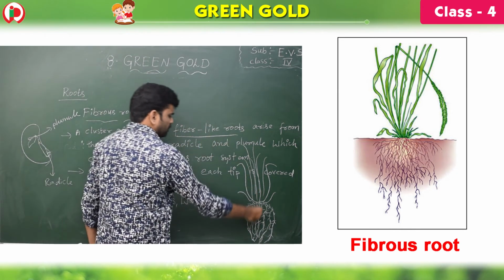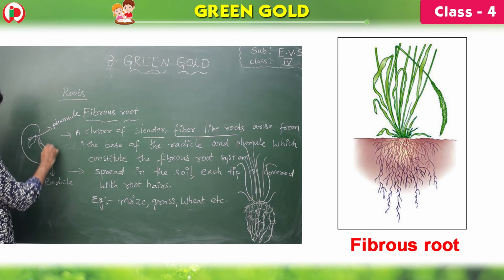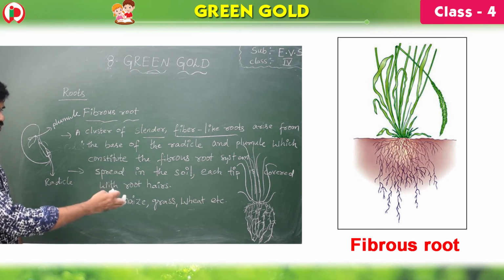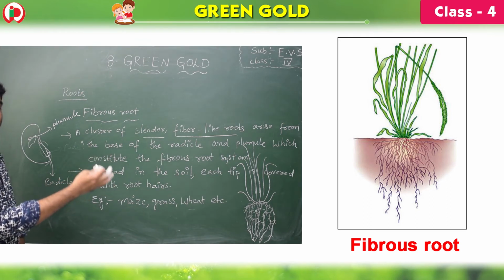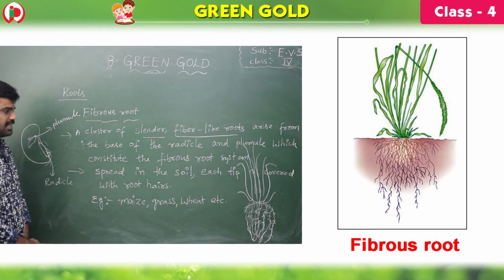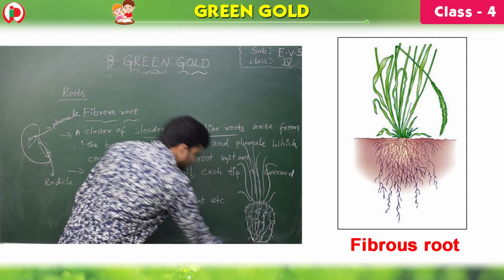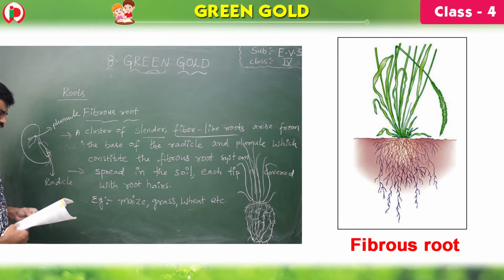In the seed, this is the radicle and this is the plumule, which constitute the fibrous root system. Cluster means a group of slender fiber-like roots. These are spread in the soil, and each tip is covered with root hairs. The best examples are maize, grass, and wheat.